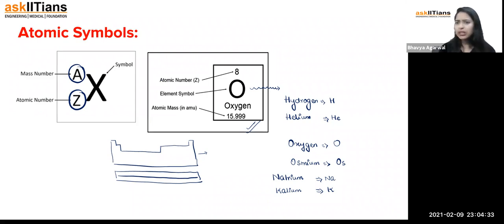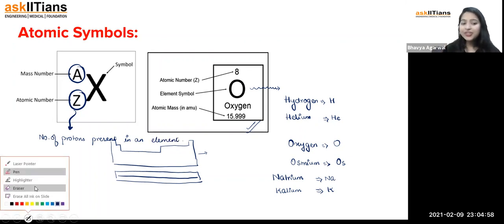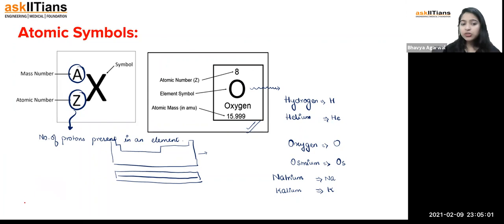Now the question is, what do these terms signify? See, atomic number is a term which signifies the total number of protons present in an element. Now, when you talk about any element, we always talk about neutral elements, right?